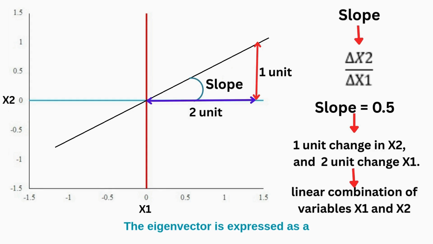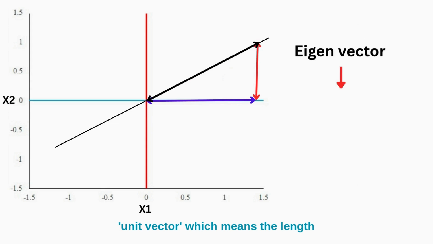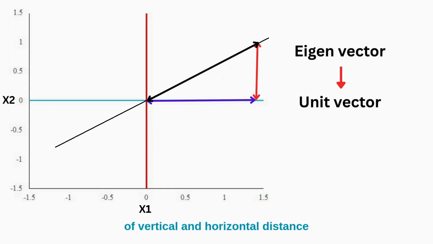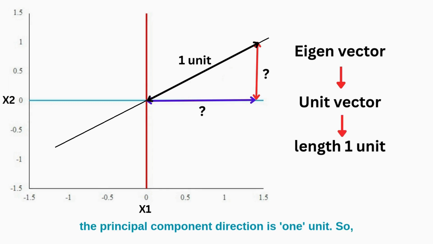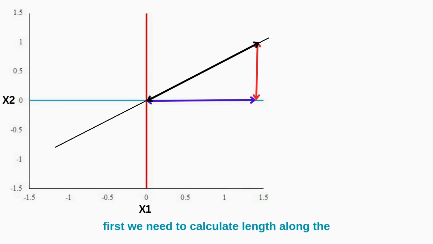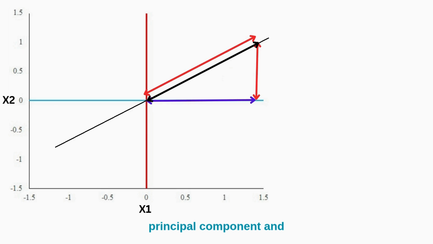The eigenvector is expressed as a unit vector, which means the length of vertical and horizontal distance when the length along the principal component direction is 1 unit. So first we need to calculate the length along the principal component and then normalize it to 1.